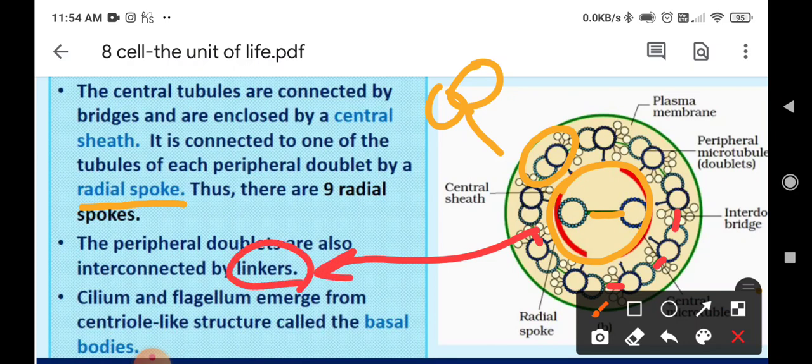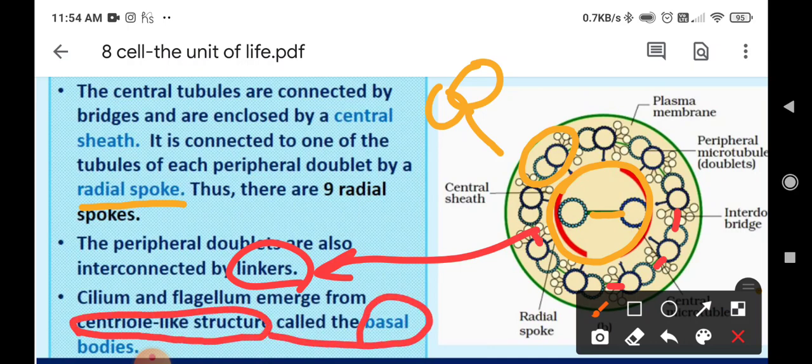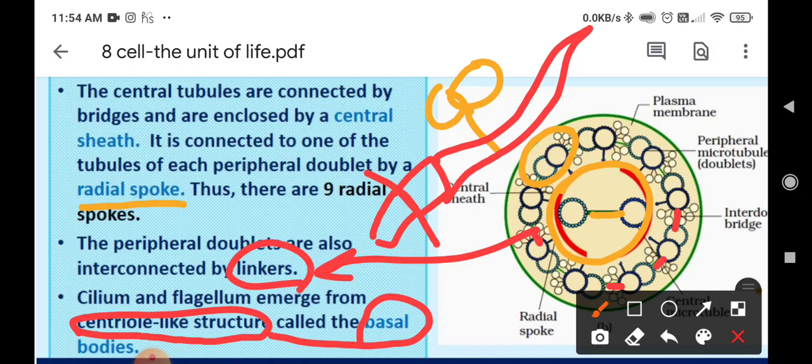Okay, so cilium and flagellum basically emerge, or grow, from a centriole-like structure which is known as the basal body. In the previous chapter we discussed that this is the basal body inside the cell, this is the hook, and this long structure is known as the filament.